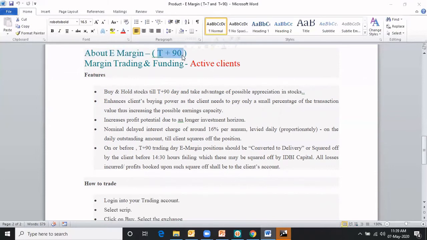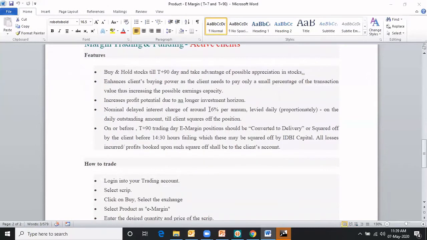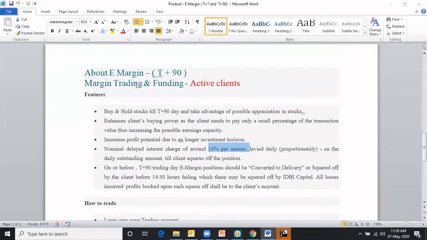The second advantage is that my interest is 16% per annum, which will be levied daily proportionately. That is another advantage for those opting for margin trading facility. And this facility registration is free.